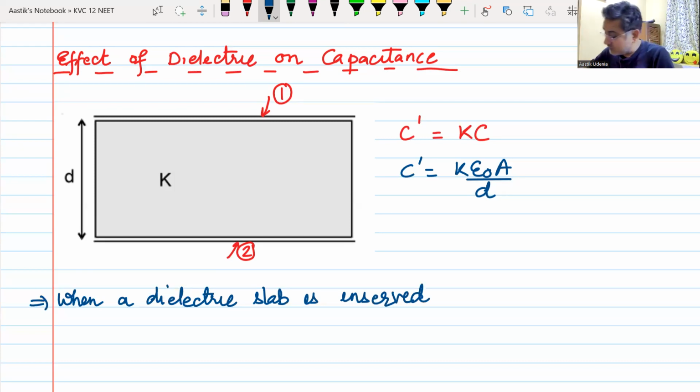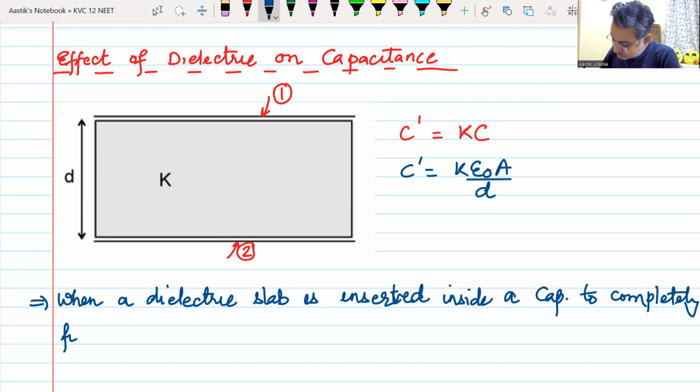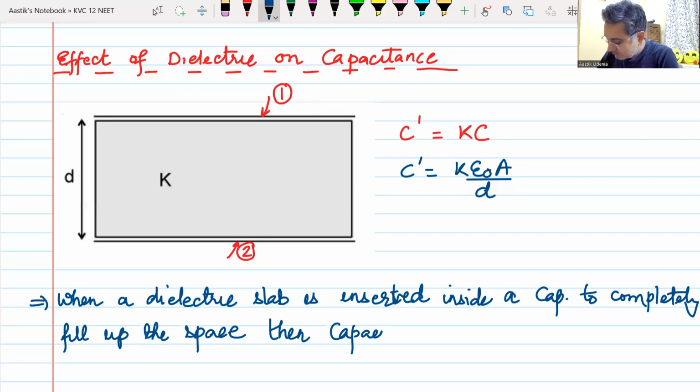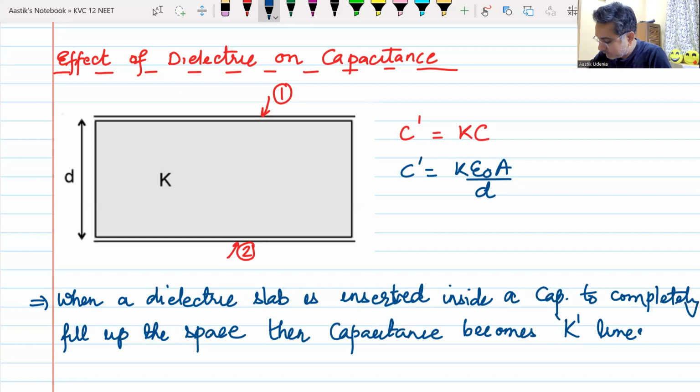When a dielectric slab is inserted inside a capacitor to completely fill up the space, so there is no space left, then the capacitance becomes K times the original value.